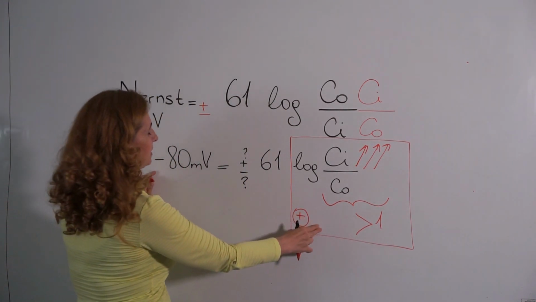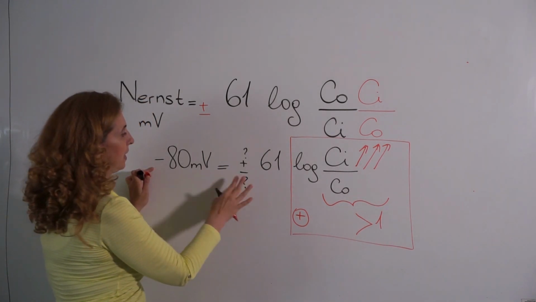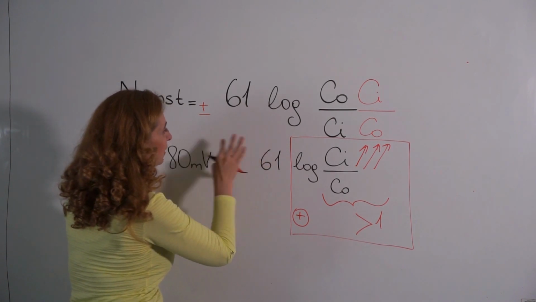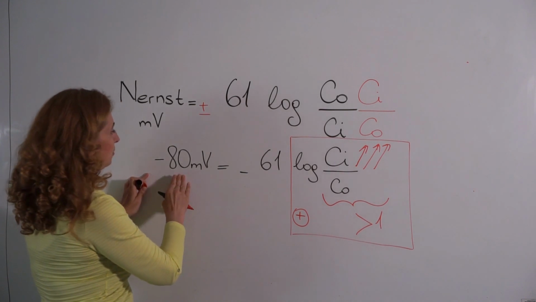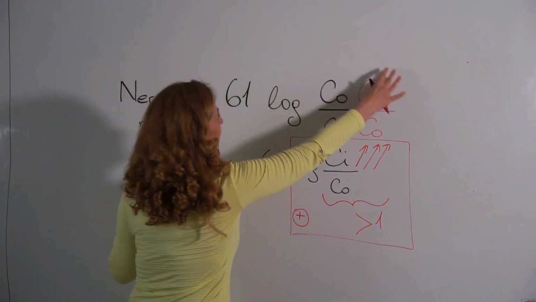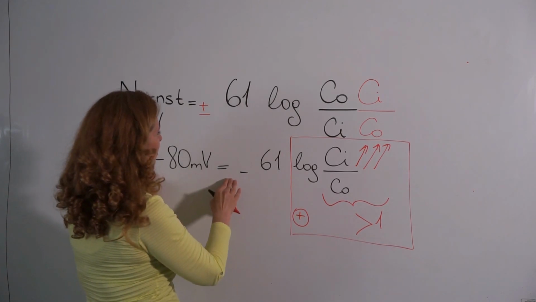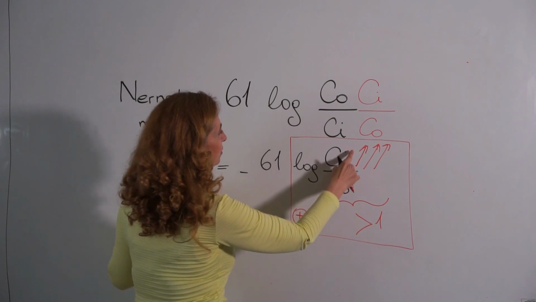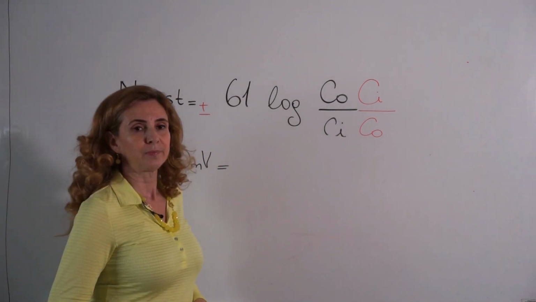To multiply this number with 61 and to reach minus 80, we need to have a negative sign in front of 61. So, for potassium, the Nernst potential is equal to minus 61 times the logarithm of concentration inside over outside.